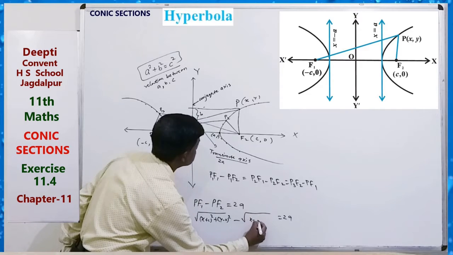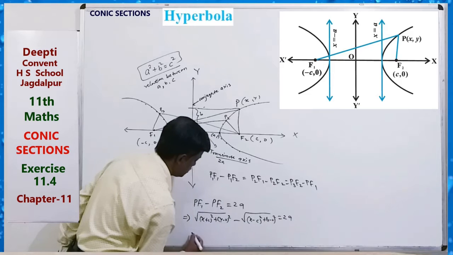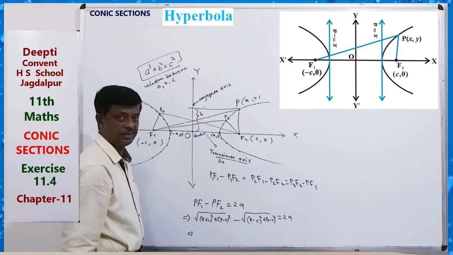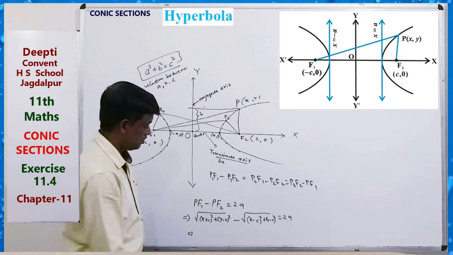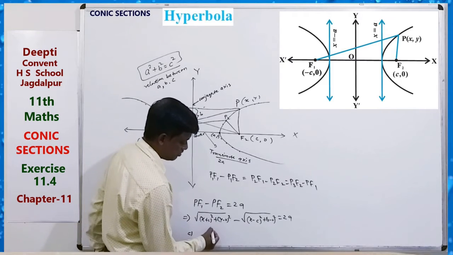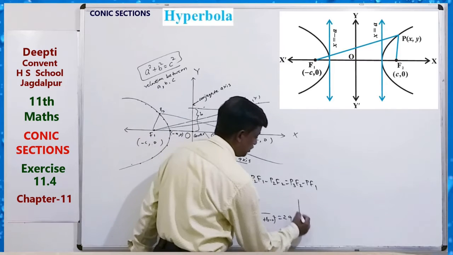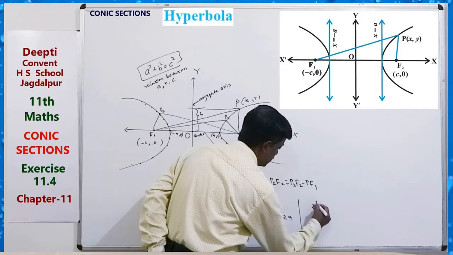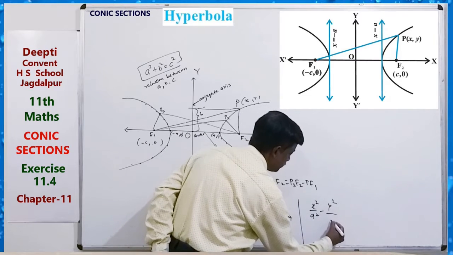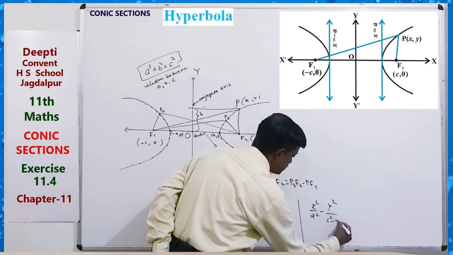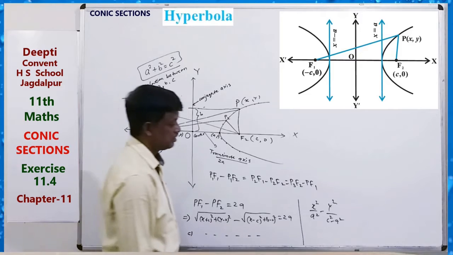x minus c square plus y minus 0 square. Okay, transfer to the right hand side and squaring, and just do the calculation and we can get a result like this: x square by a square minus y square by c square minus a square, equals 1.